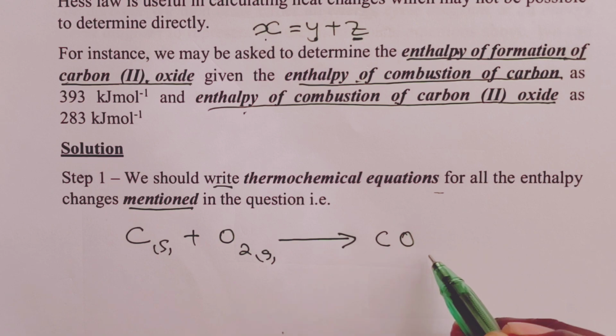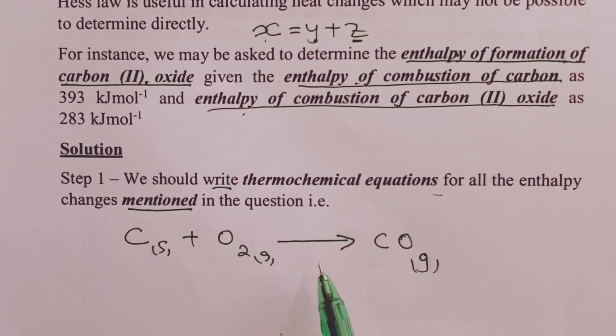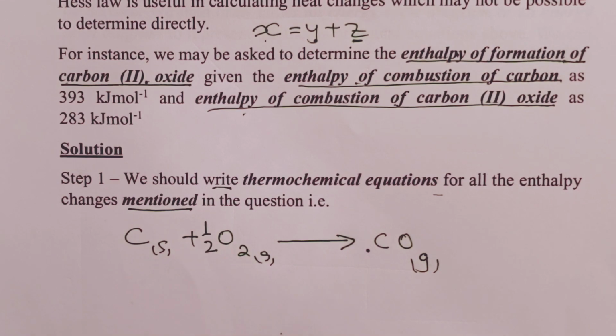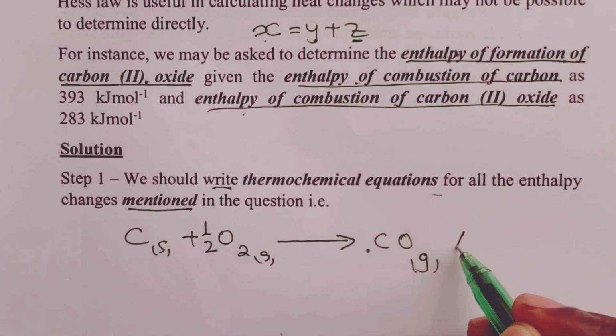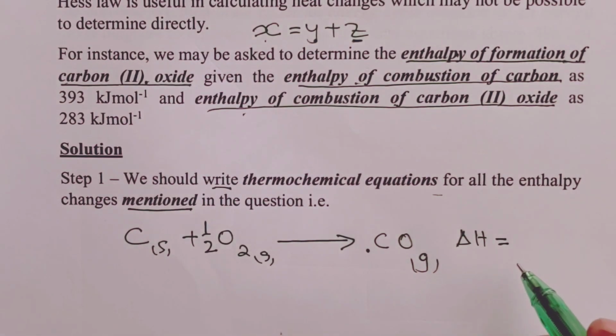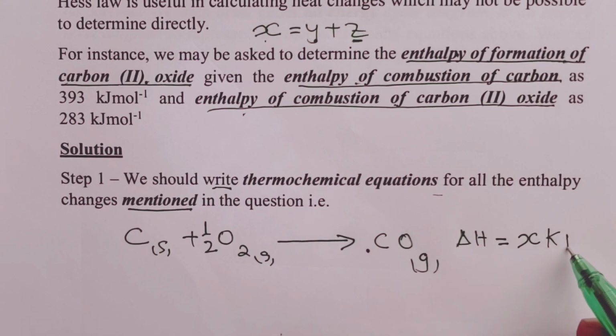So here we are. And as we write this equation, we realize that for the equation to hold as enthalpy of formation, we must form only 1 mole of our product. For that matter, we shall balance with a half on oxygen.